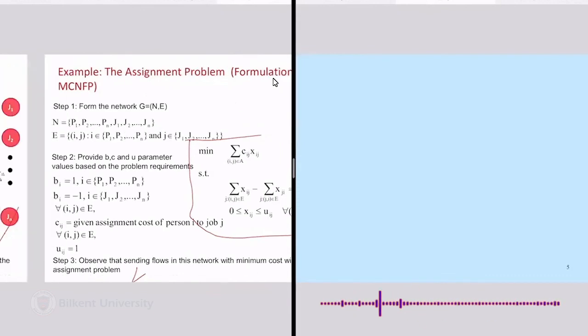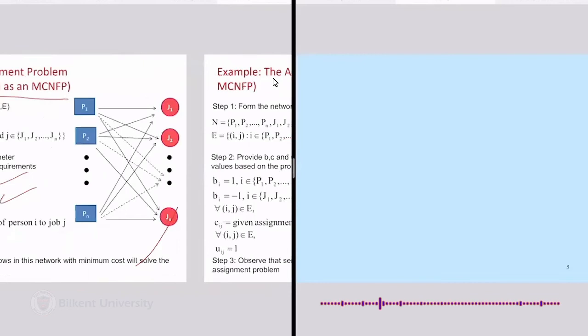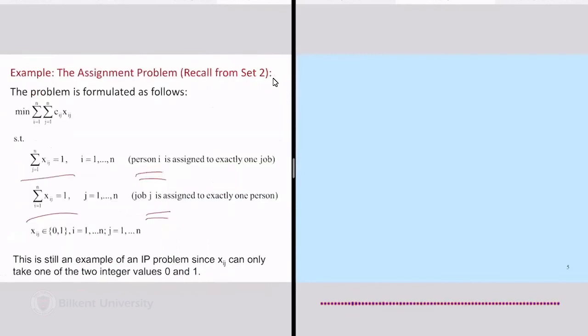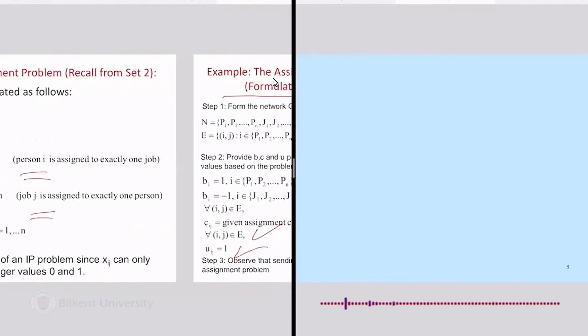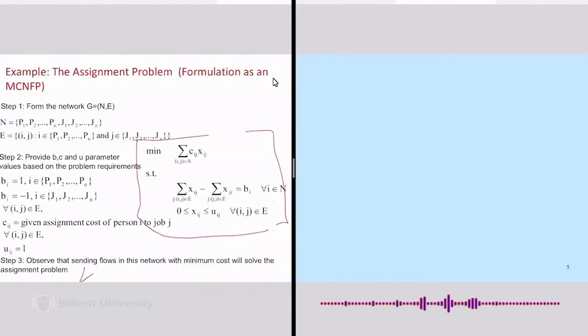In our original formulation, I have to declare them as binary variables. But now in the MCNFP, we could forget about integrality because it's unimodular. So I formulate this as an MCNFP, and my life is easier.